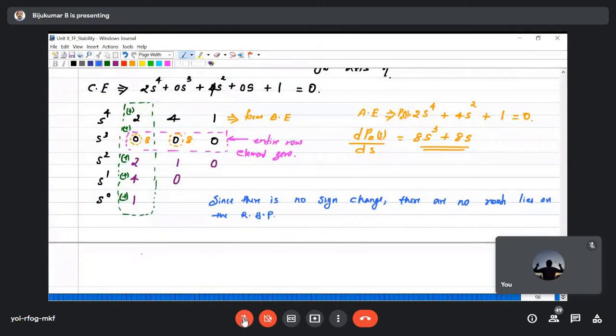You just find the poles from the auxiliary equation. Our auxiliary equation is 2s^4 + 4s^2 + 1 = 0. So how will you find the roots? You find the roots and tell me.